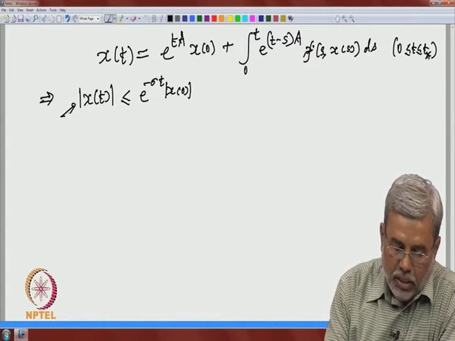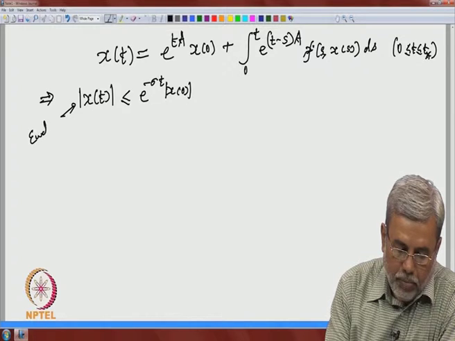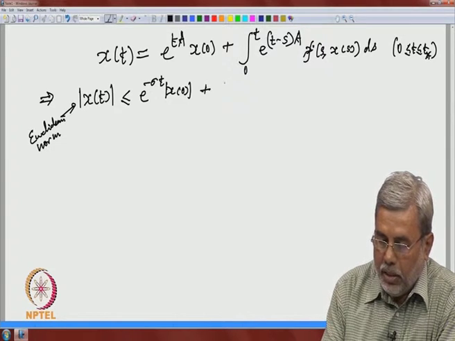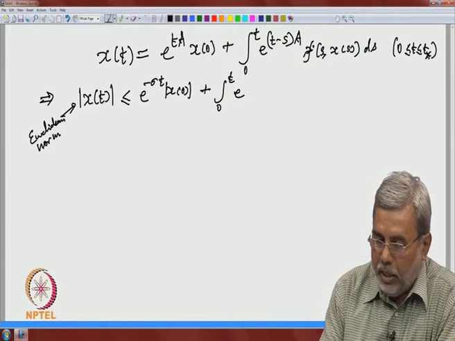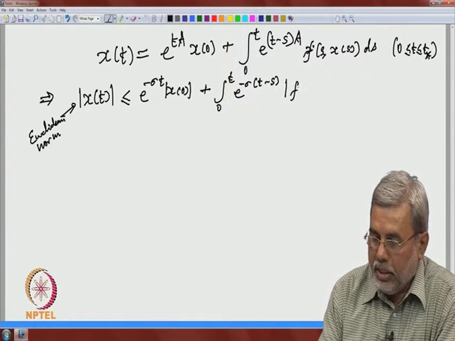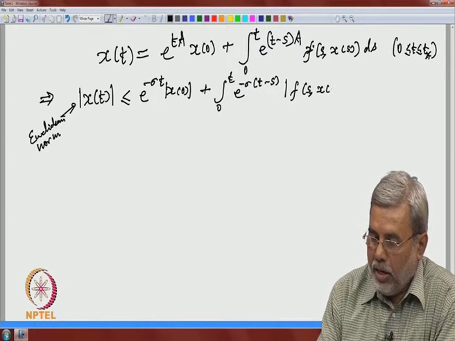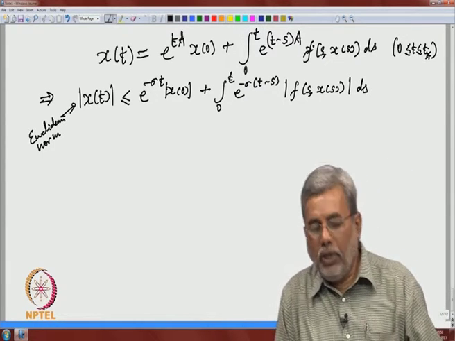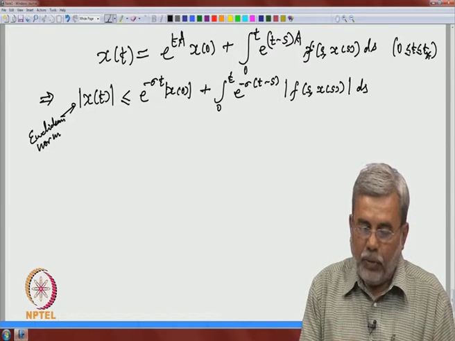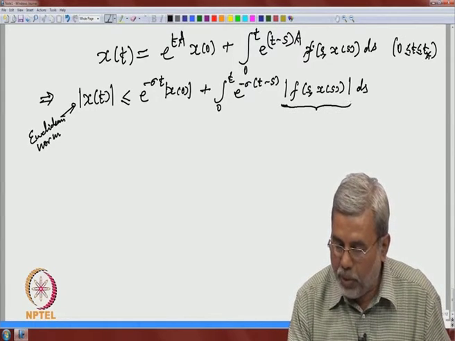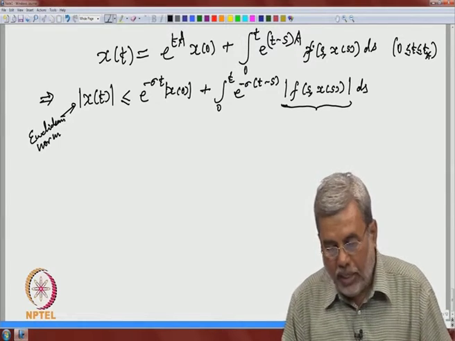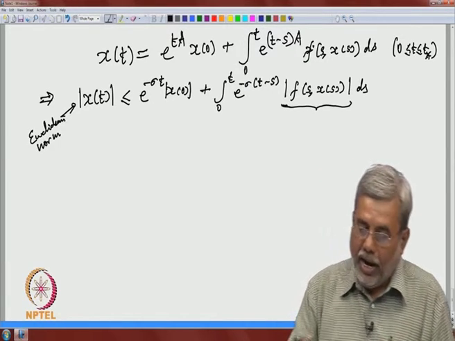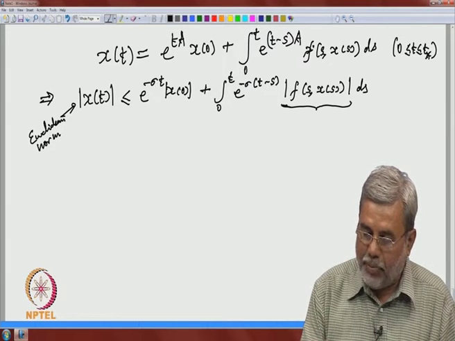times the norm of x(0), this is the Euclidean norm, plus the integral from 0 to t of e to the minus sigma (t minus s) times the norm of f(s, x(s)). Now, I want to use the hypothesis on f, and for that, if I want to use estimate 2, I require that the norm of x(t) is less than or equal to delta, and that I assume for the time being, and I will show that.